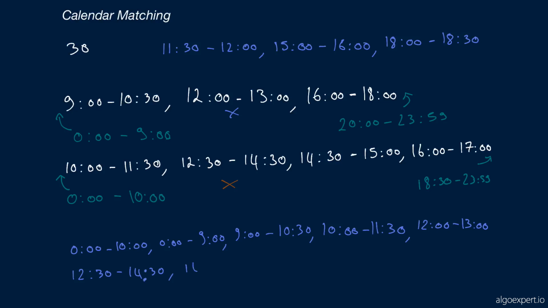The meeting after that is going to be 14:30 to 15. The meeting after that is going to be 16 to 17. The meeting after that is going to be 16 to 18. The meeting after that is going to be 18:30 to 23:59. And the final meeting is going to be 20:20 to 23:59.